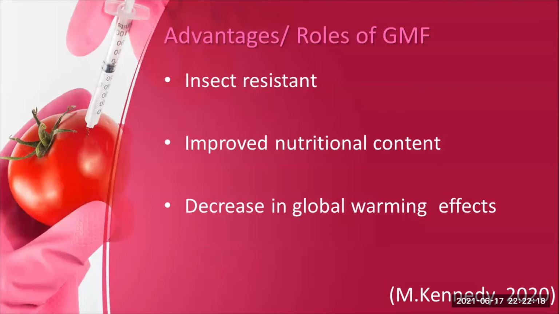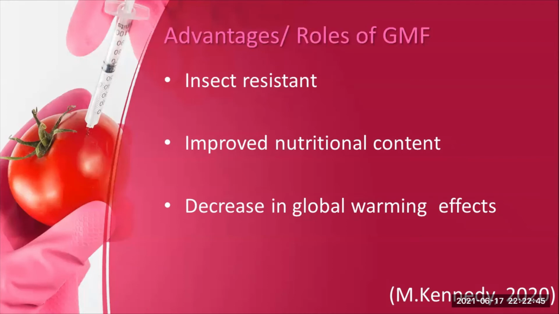Some additional advantages are insect resistance, as I mentioned, with the bacterial toxins they can produce to ward off insects. They can also be genetically modified to improve their nutritional content. For example, some rice, known as golden rice, has been genetically modified to give more vitamin A to its consumers.